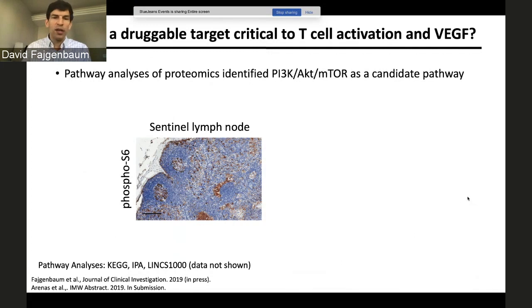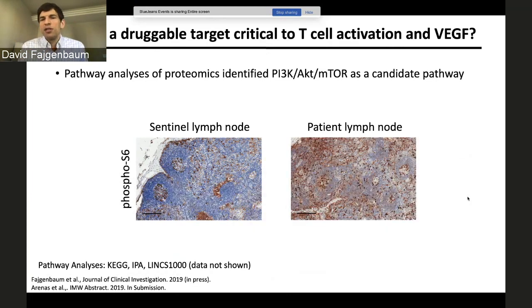So we did a stain for mTOR activation. This is a normal lymph node, what we call a sentinel lymph node, from a patient with breast cancer. We got a normal lymph node out, and you can see that there's some mTOR activation, which stains positive brown, and then we have a counter stain for nuclei that's blue. So blue is basically negative staining, brown is positive. You can see in the sentinel lymph node there's some positive staining, but it's mostly negative.